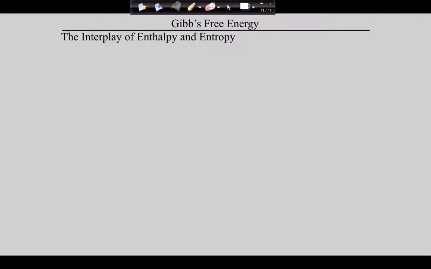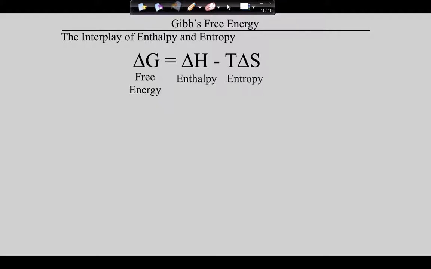So guys, to do this, we need to go to the one place that we can turn to identify spontaneity, and it's right there. So guys, let's define our terms. Delta G, free energy. Delta H, enthalpy. Delta S, entropy.